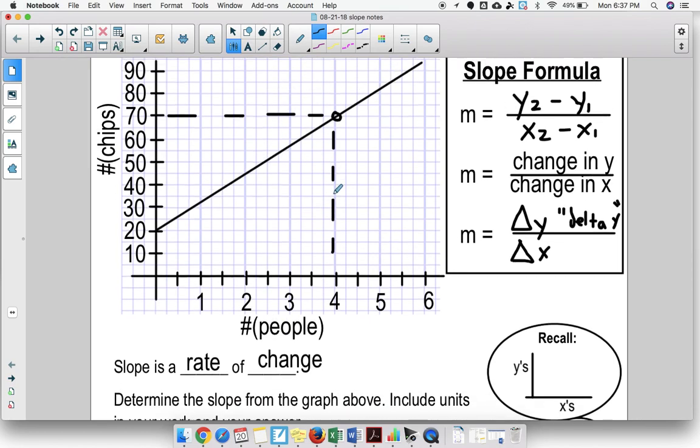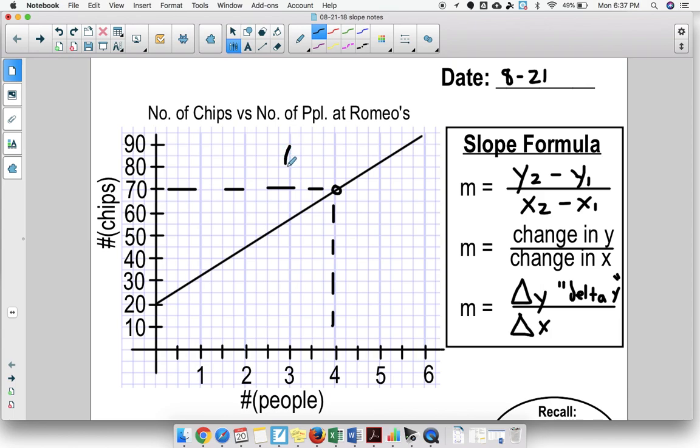So I'm going to write that ordered pair right next to it. I want you to do the same. How far over did we go? Well, that's 4. And the unit is people. I want you to put your unit in there. Everything we do in here will have units for the science and most of the math. And then if you track it up, this is 70, and the unit is chips.